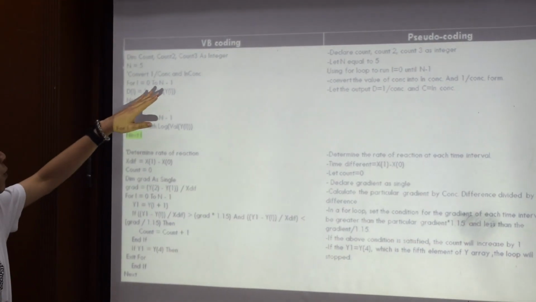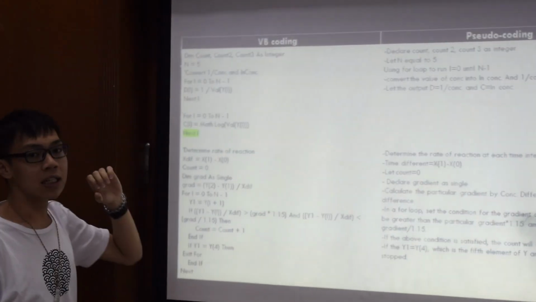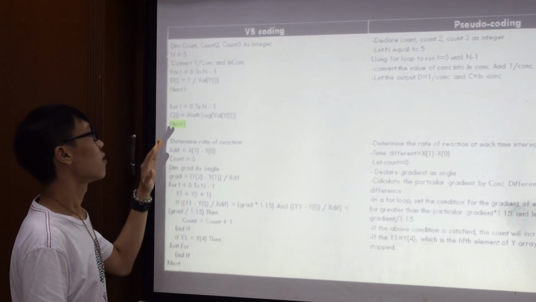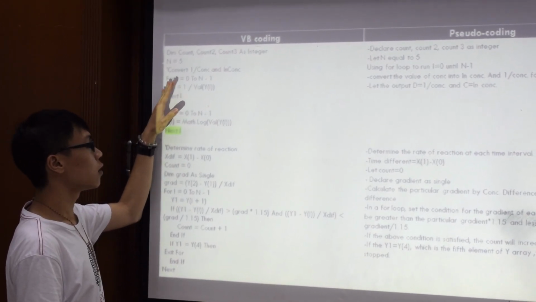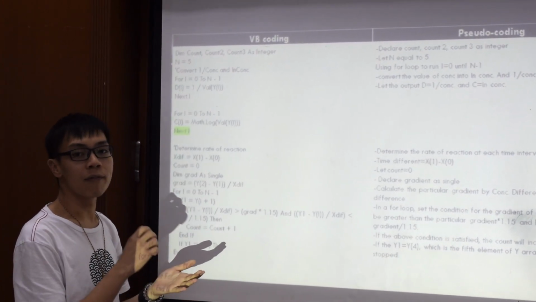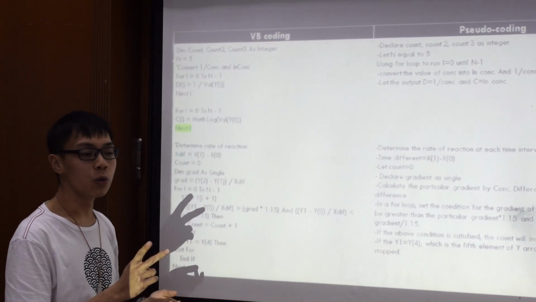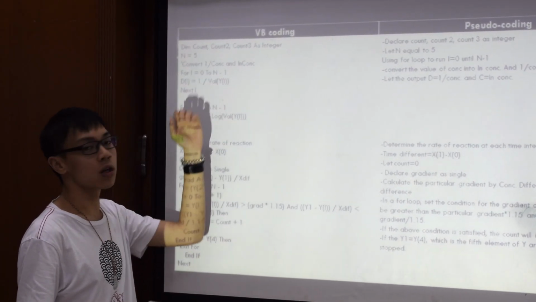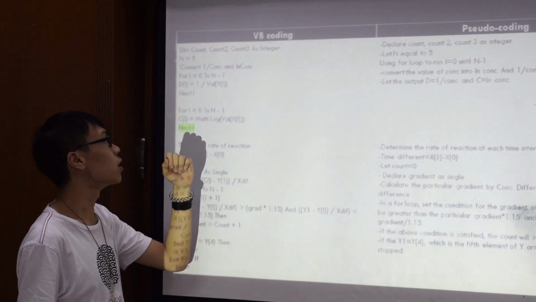When we are done with the declaration, we will then calculate or convert our concentration, which is one of our inputs, into two other outputs that we are interested in, which are 1 over concentration and ln concentration.